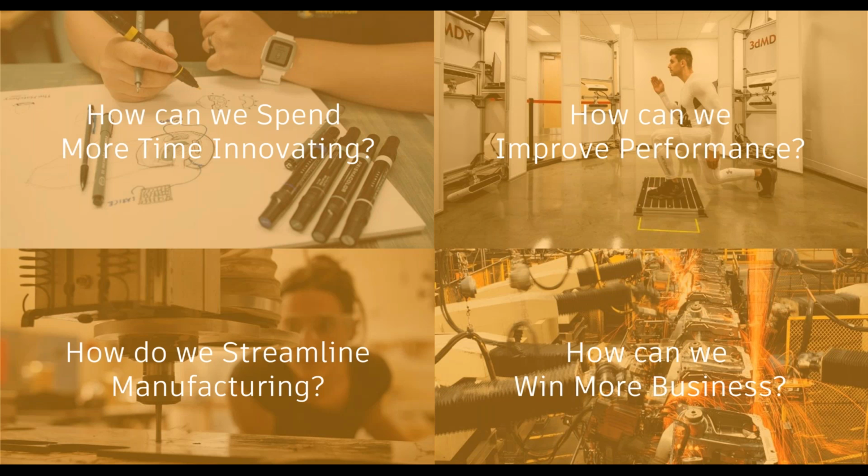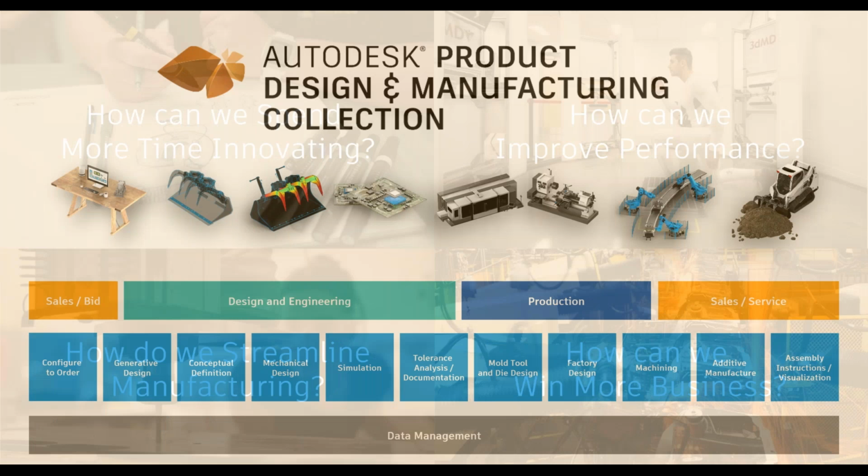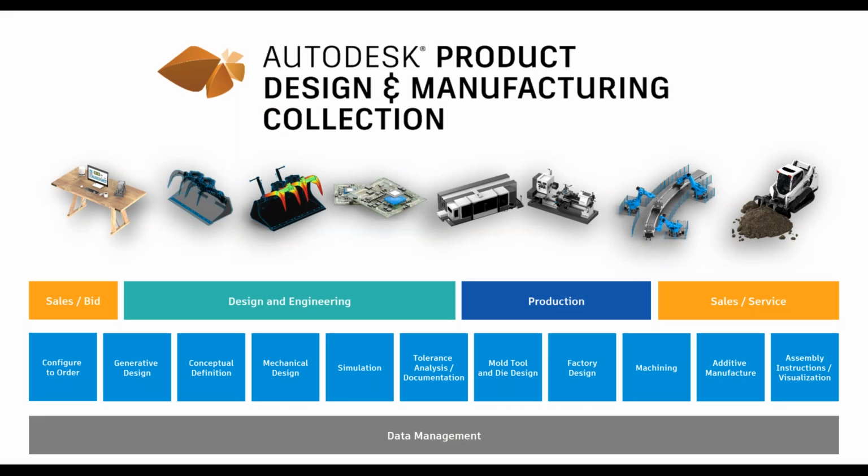So what are some of the ways to win more business? We are in business to help our customers, but to sustain ourselves, we need to continuously keep winning more and more business. So these are some of the things that we are trying to solve with the Autodesk Product Design and Manufacturing Collection. What if I told you Autodesk offers a solution that spans across design and manufacturing?